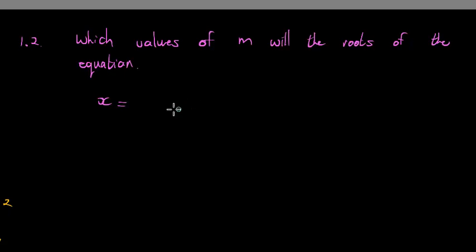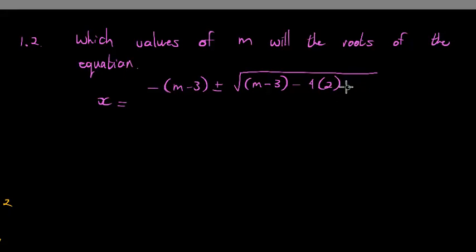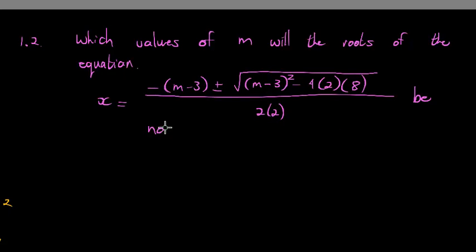x is equal to negative (m minus 3) plus minus the square root of this ridiculous expression, (m minus 3) squared minus 4 times 2 times 8, everything over 2 times 2, be non-real?